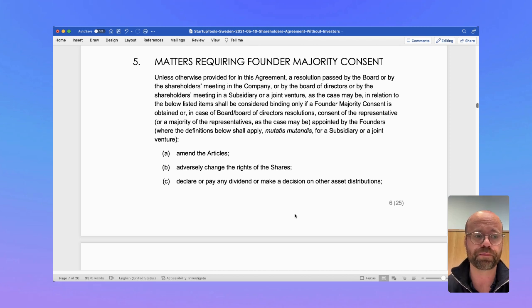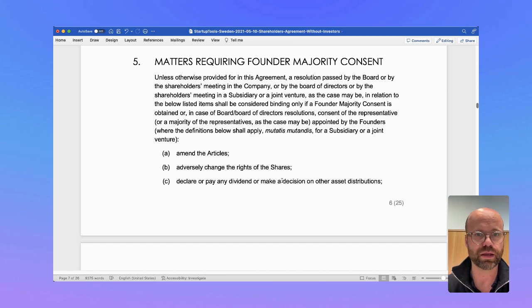So even though there might be a majority of the owners who want to change the rights of the shares, as it says in point B here, or declare or pay dividends, every shareholder agrees here that this type of decision requires a founder majority.